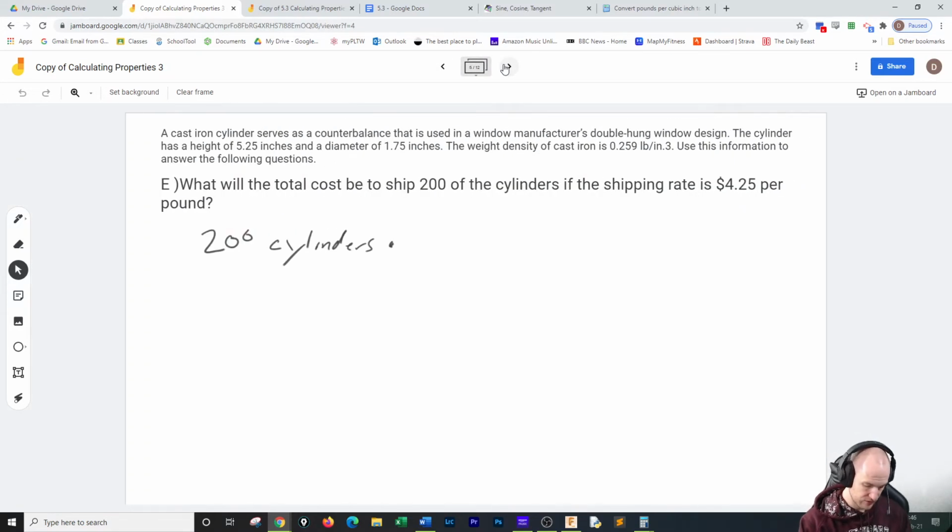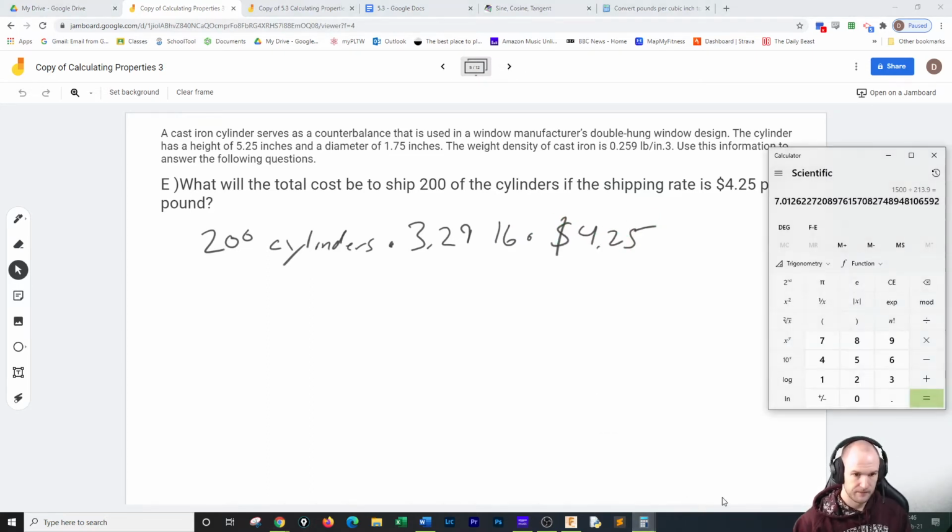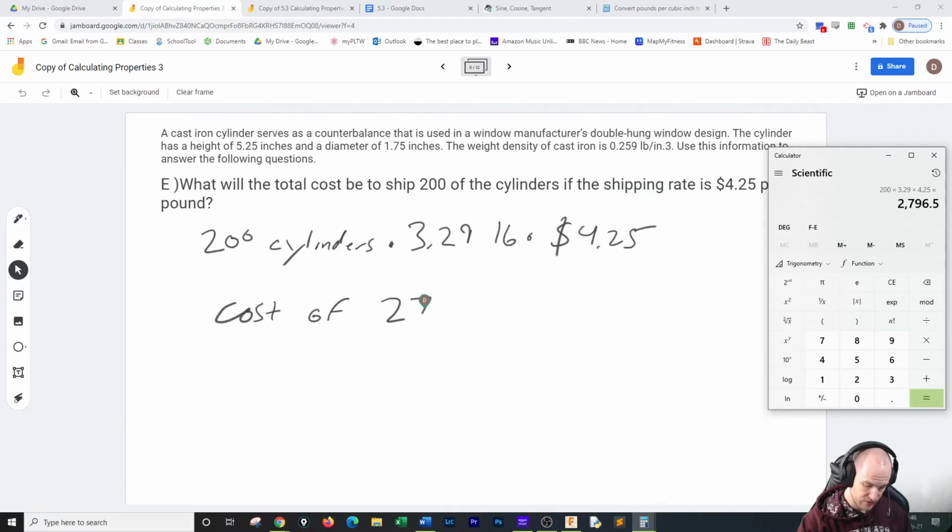So the calculator told me 3.29 pounds times $4.25. Multiply all these things together. 200 times 3.29 times 4.25 gives a cost of $2,796.5.